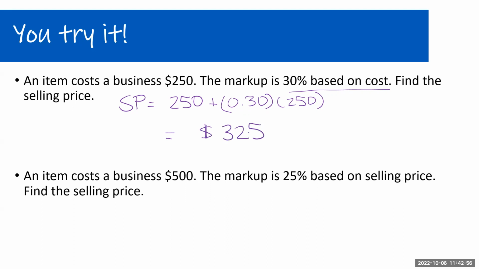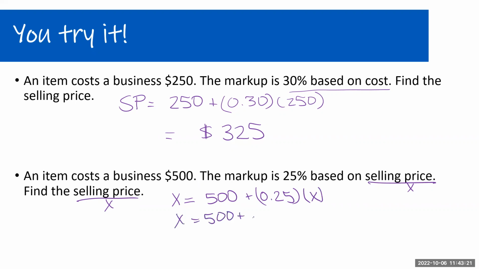An item costs the business $500 and the markup is 25% based on selling price, and we want to find the selling price. So that's going to be our X, okay? So we know that X equals the cost plus 25% of the selling price, which we don't know, is X. We know that X equals 500 plus 0.25X.